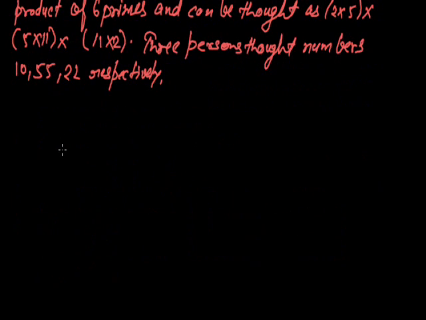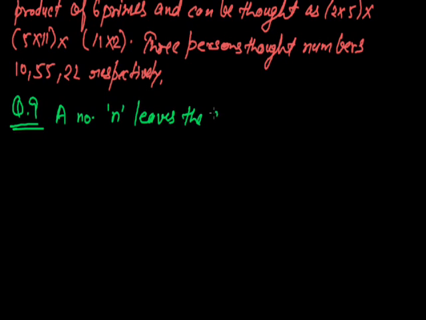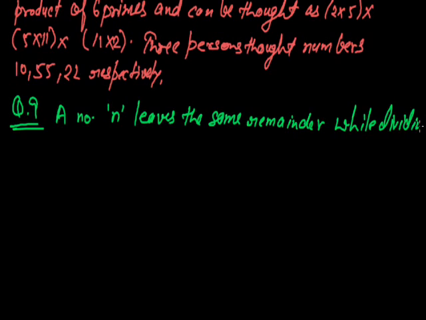Moving to our next question, question number 9, that is: a number n leaves the same remainder while dividing 5814, 5430 and 5958.